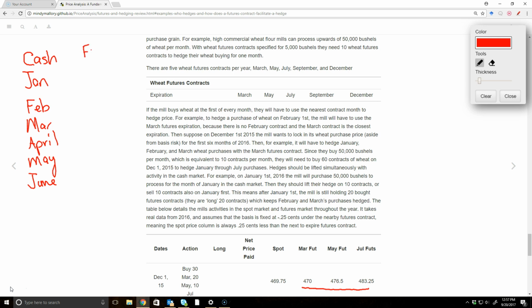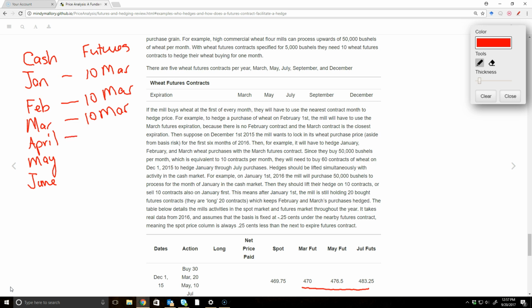And to hedge it, they're going to have to match it with the appropriate number of futures. So in January, that's going to take 10 of the March contract, the next to expire. February is also going to take another 10 of the March contract. Same for the purchase in March.